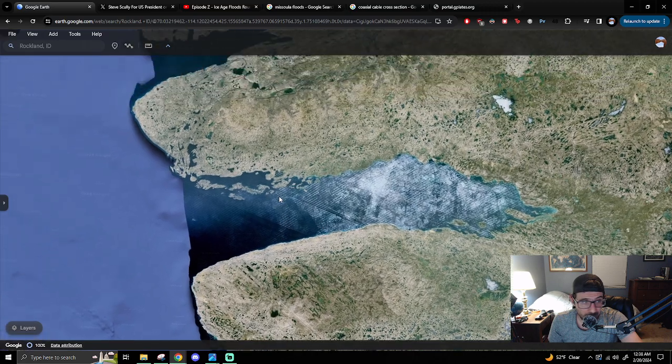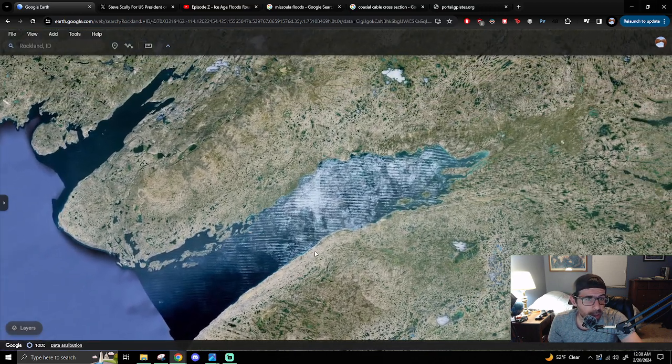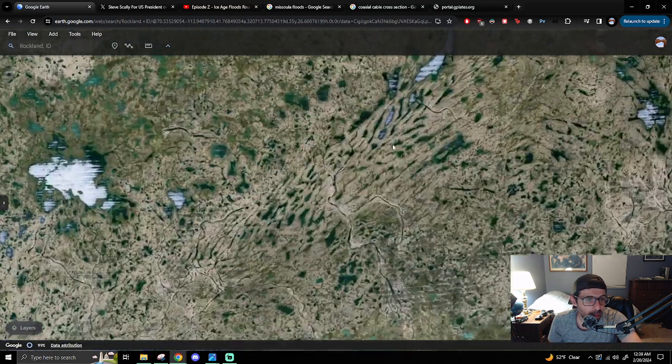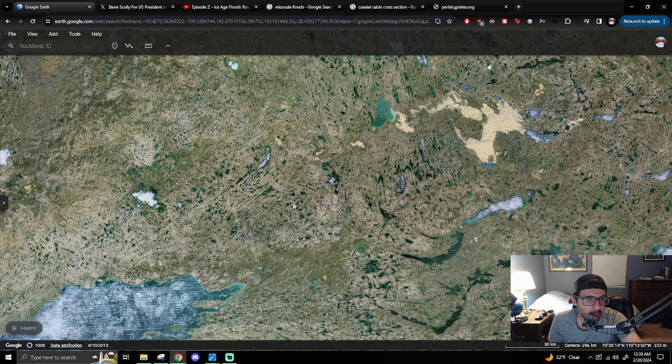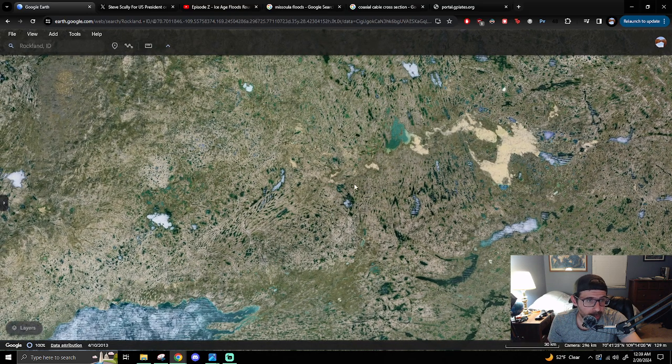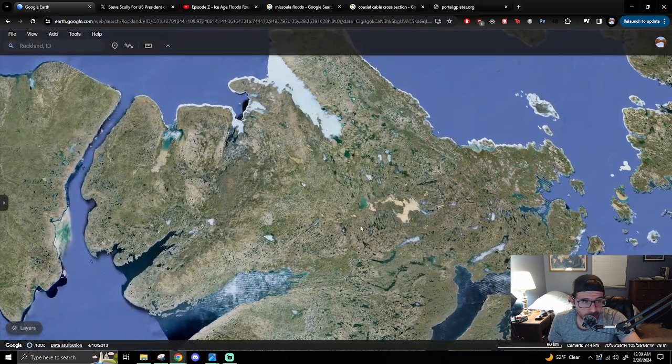Just by looking at that, the details to be accounted for. Looks like there's a current going in here.